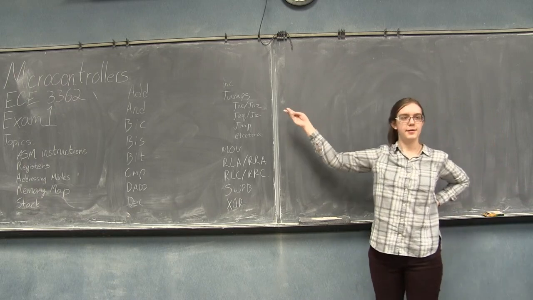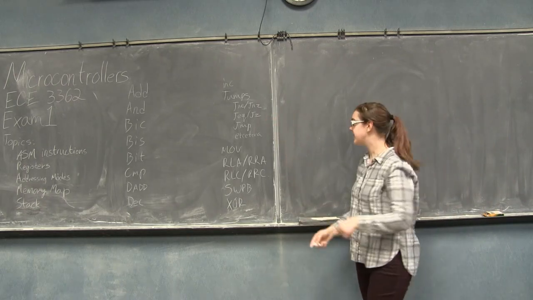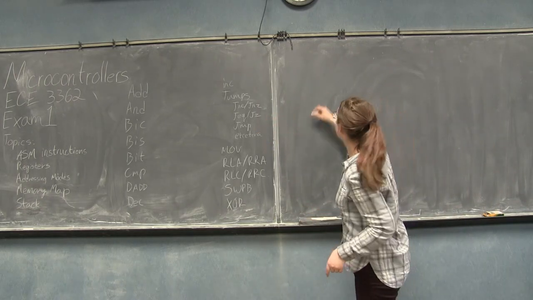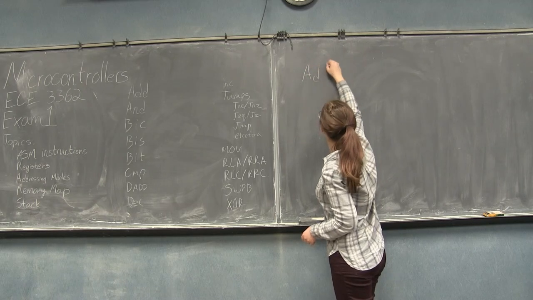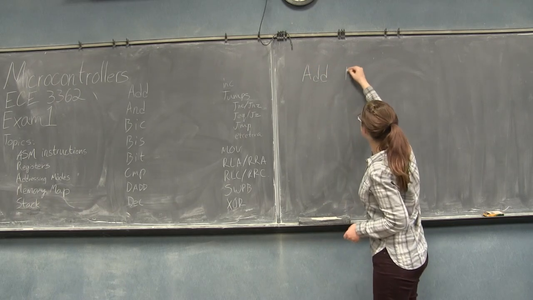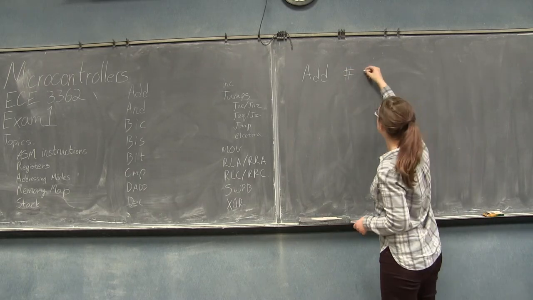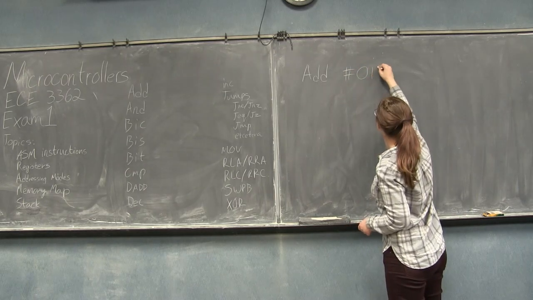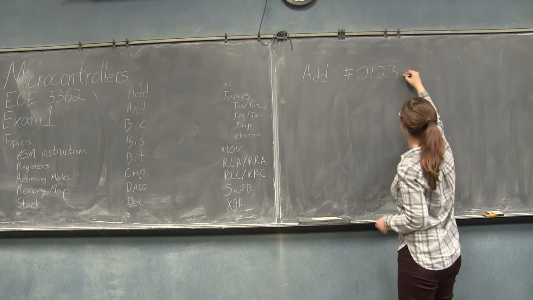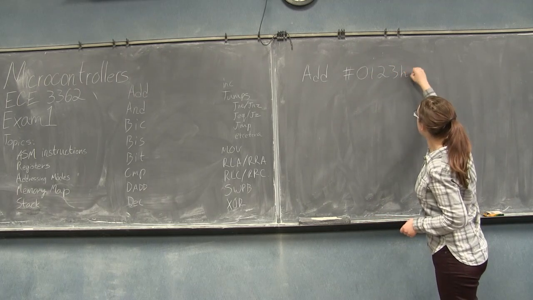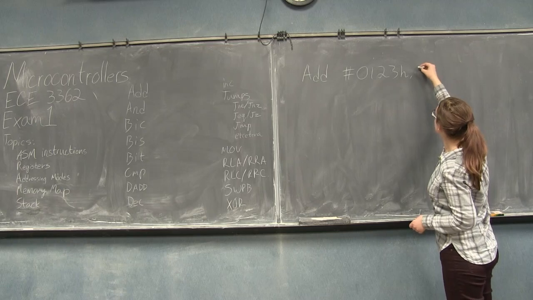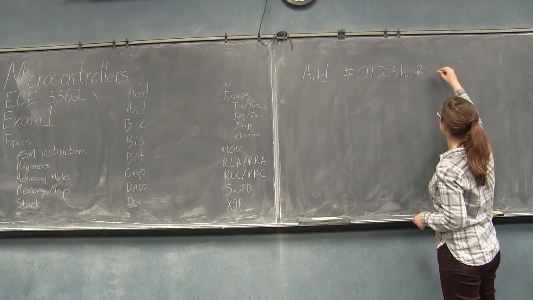So the add, the very first instruction, works exactly how you expect it to do. So you have two numbers. Say you have a literal value and let's say you have a register.